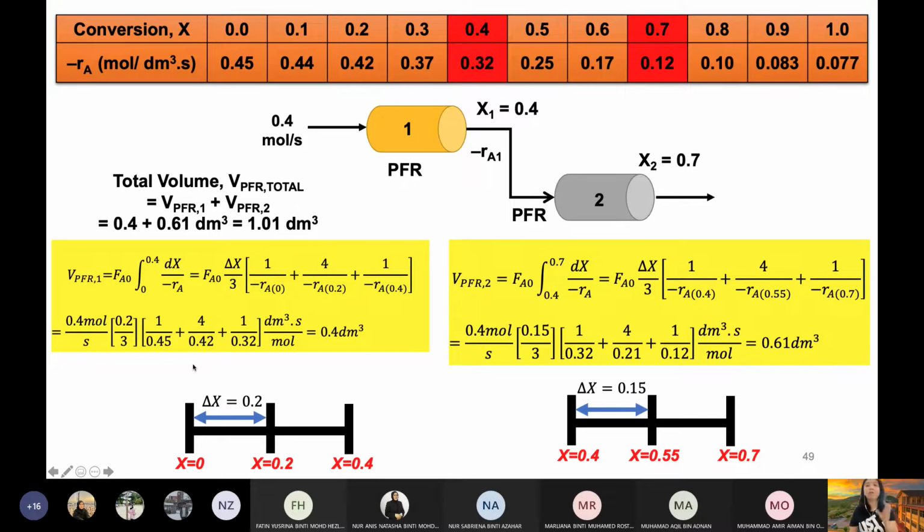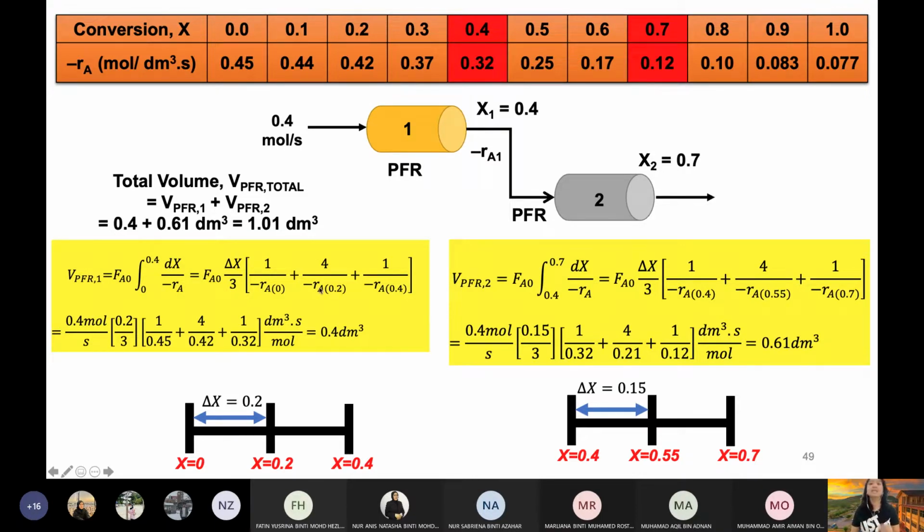Again, kalau kamu tak faham, kamu tengok initial 0, lower limit 0, upper limit 0.4. So your middle X will be 0.2. That's why dia jadi 4 per minus RA when my X is 0.2 plus 1 per minus RA when my X is 0.4 upper limit. Okay, so yang 1, 4, 1 tu kamu jangan lupa because that's the formula that's required.